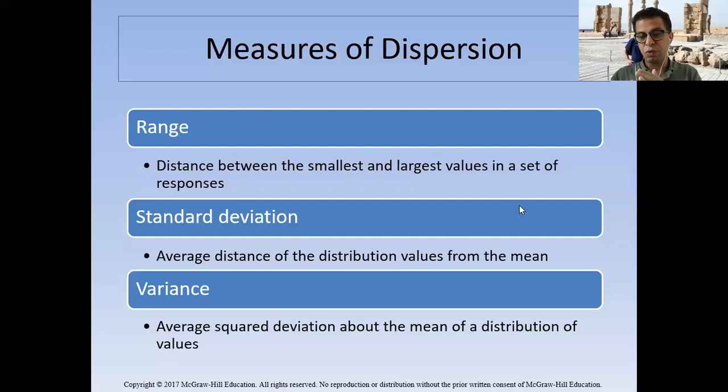Then you have the standard deviation, which is the average distance of the distribution from the mean. So you find the mean, say 5'10", but the next person is 4 feet, so there's a big difference there.